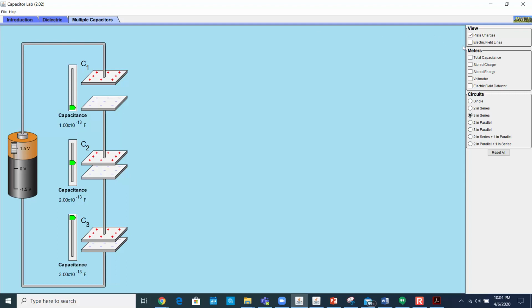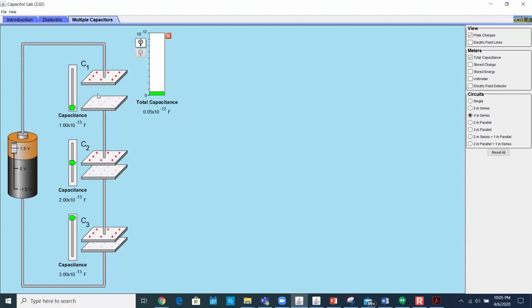Let's see it. This is the total capacitance, and you can see it is smaller than the smallest capacitance. In this case it is 5 microfarad.